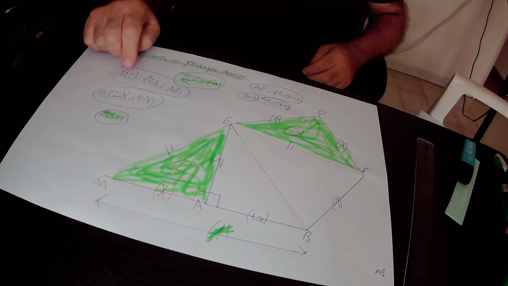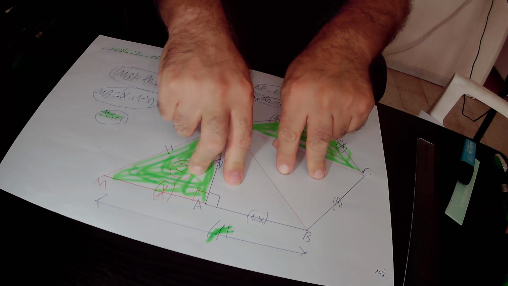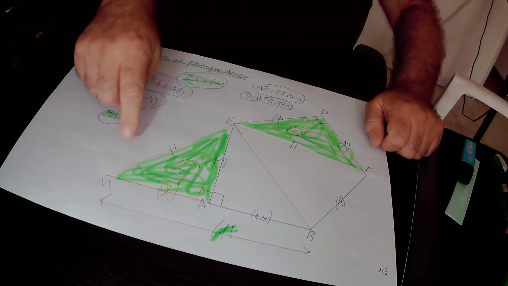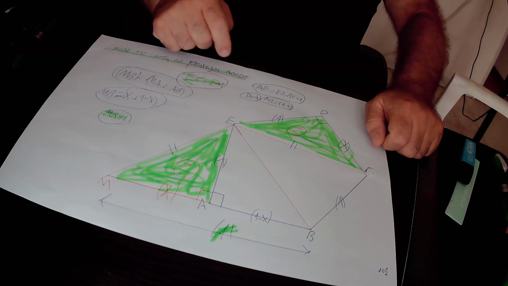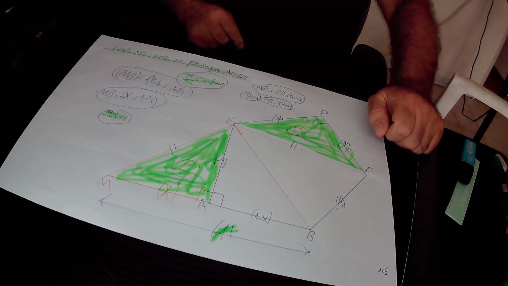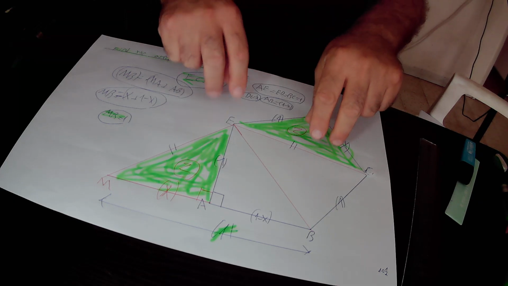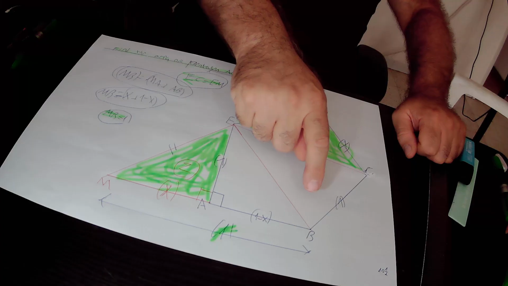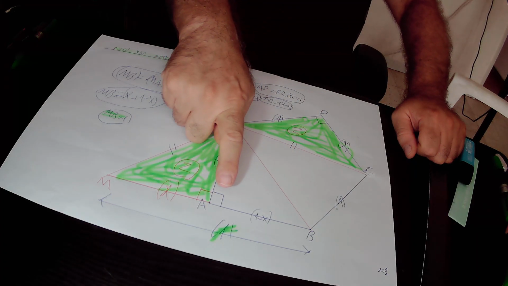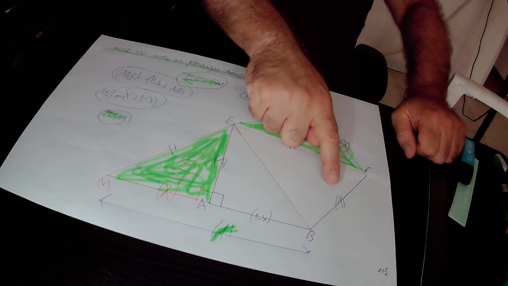In the next step, we prove that this triangle EMB can go into this triangle EBC according to side side side rule. So why can those two triangles go into each other? First of all, MB is equal to 1, and BC is also equal to 1.